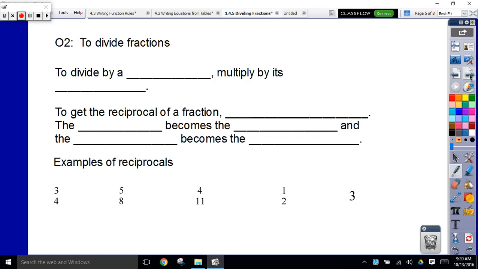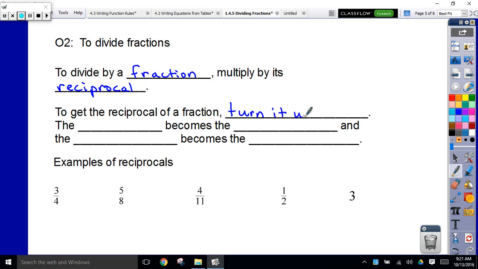Okay, so when we divide fractions, here's the actual rule. To divide by a fraction, you multiply by its reciprocal. And we're going to talk here about what a reciprocal is. To get the reciprocal of a fraction, you are just going to turn it upside down.